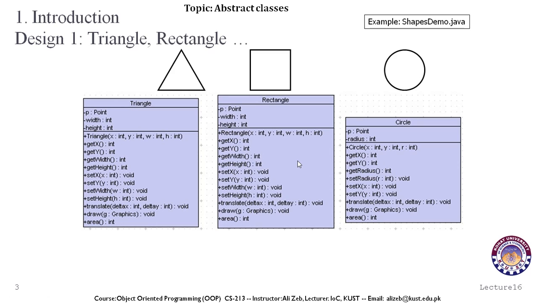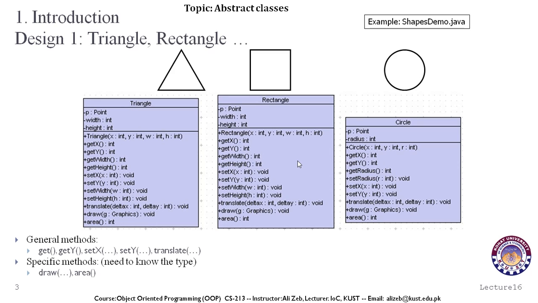If we look closely at these methods, there are some general methods that are general in each of these classes. These are the getter methods and the setter methods. And then we have some specific methods like the draw and the area.